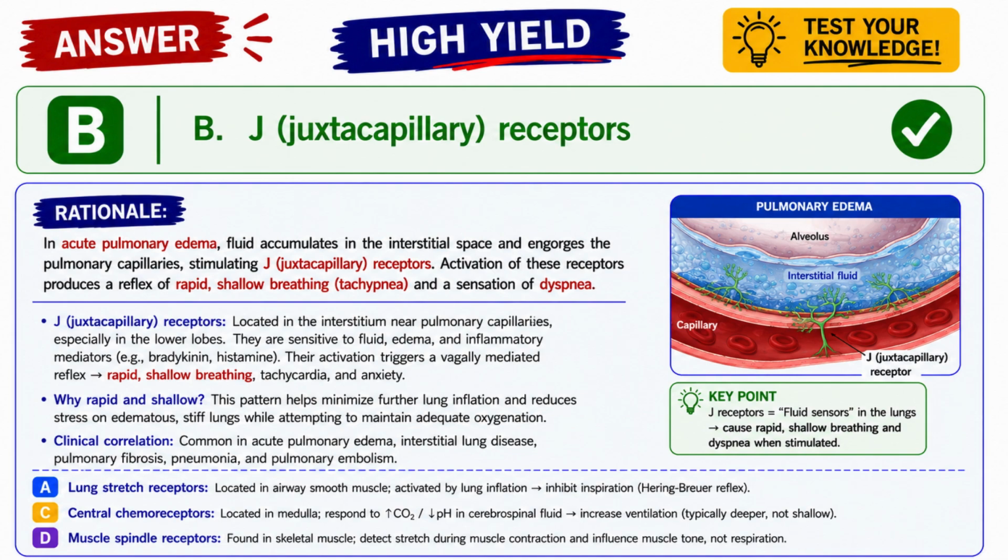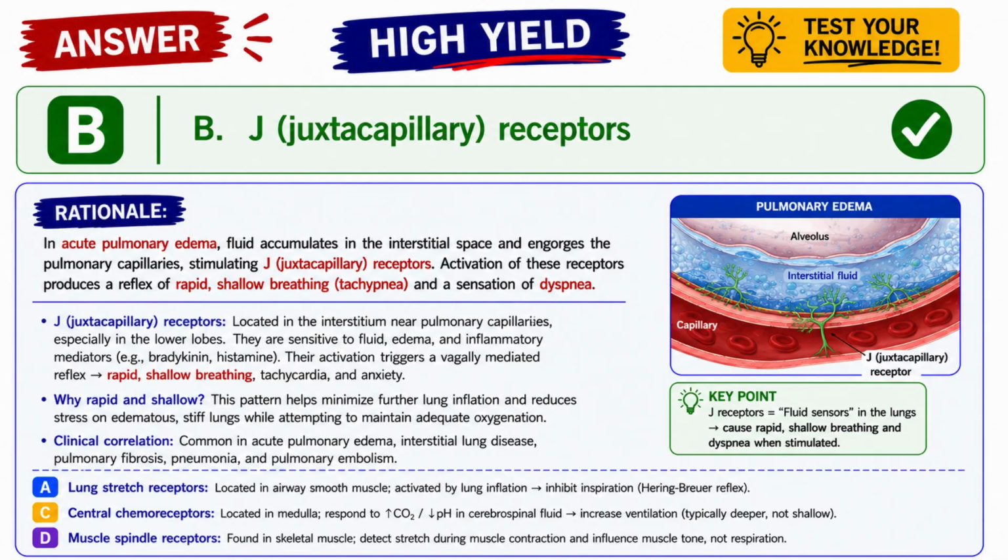The rapid, shallow breathing pattern of acute pulmonary edema is a classic J receptor effect. Clinically, this is the breathing you see in a patient with acute decompensated heart failure, rapid, labored, shallow breaths, orthopnea, the sensation of needing to sit upright to breathe.